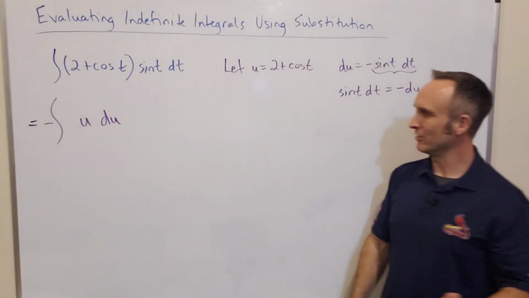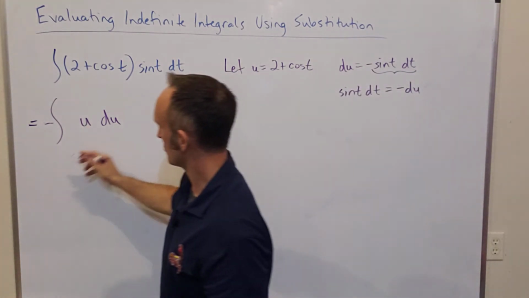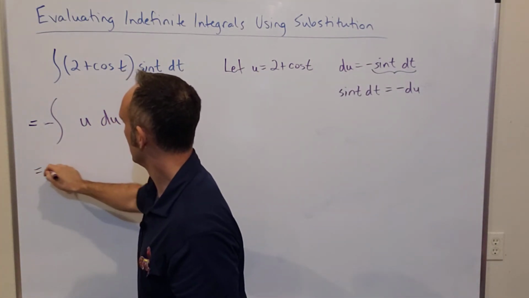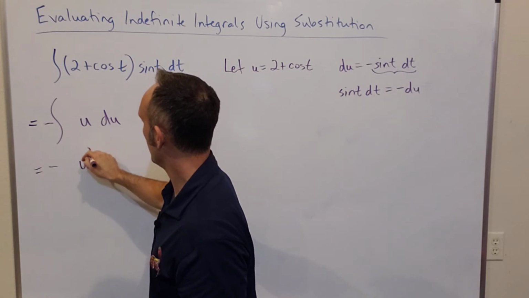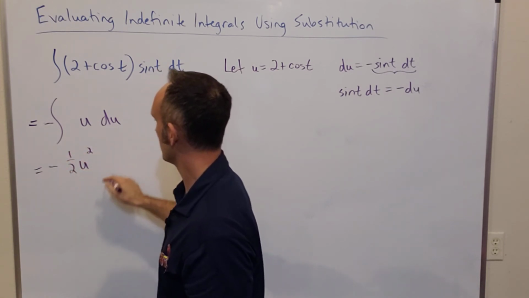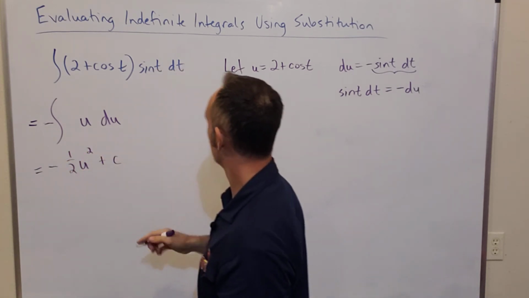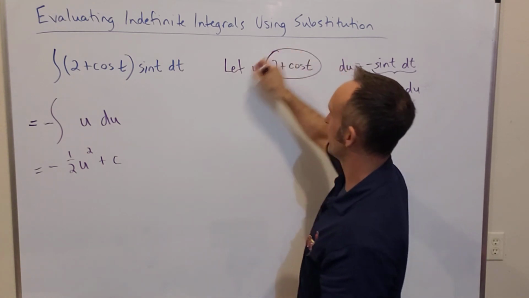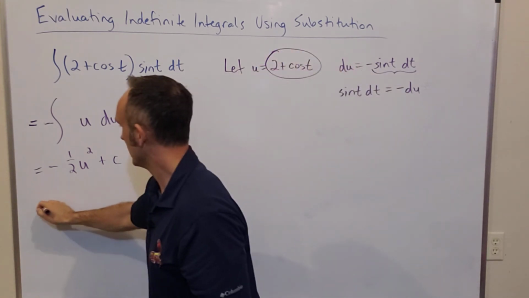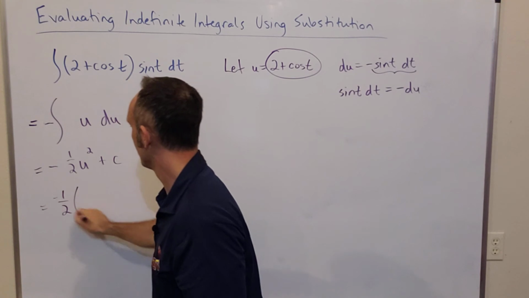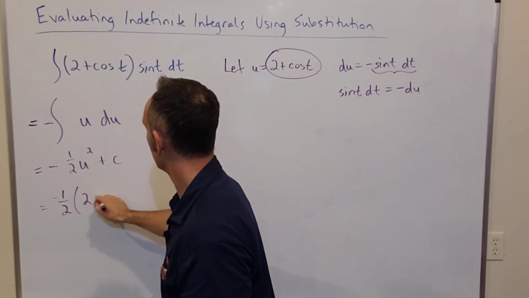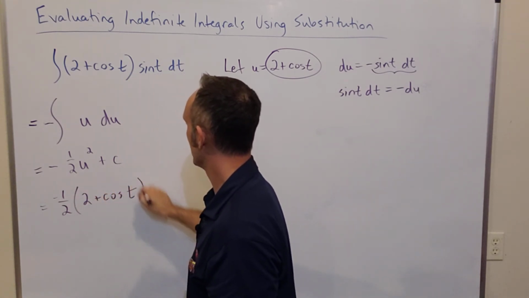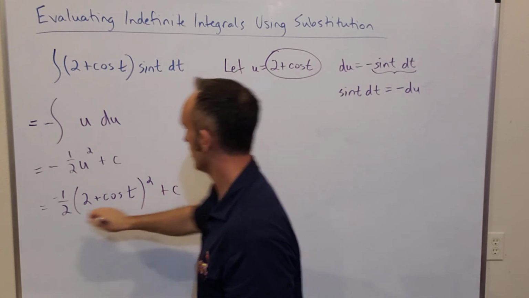Look how basic that integral is, right? This is u to the first power. I raise the power by 1, multiply the coefficient by the reciprocal, and that's it. And then I replace u with t stuff again. So I get negative 1/2 times 2 plus cosine of t, quantity squared, plus our constant.